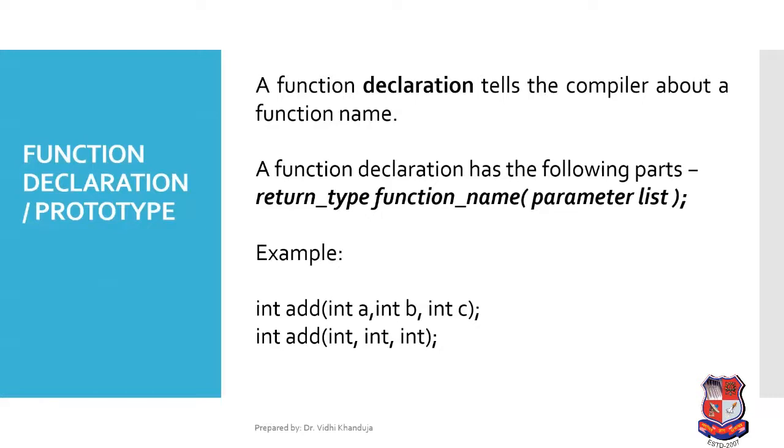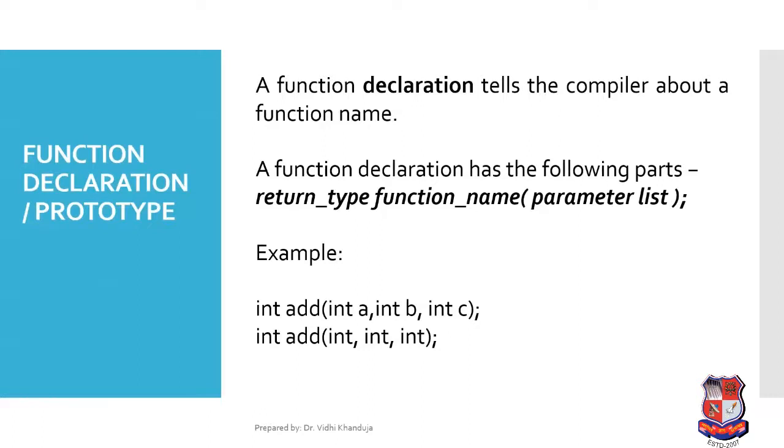So, what all is included in function declaration? We write down a return type, the function name, and the parameter list. The first line, the function header, which we have included in the function definition, the same thing has to be written here. Let us say the example, int add(int a, int b, int c), followed by the semicolon.